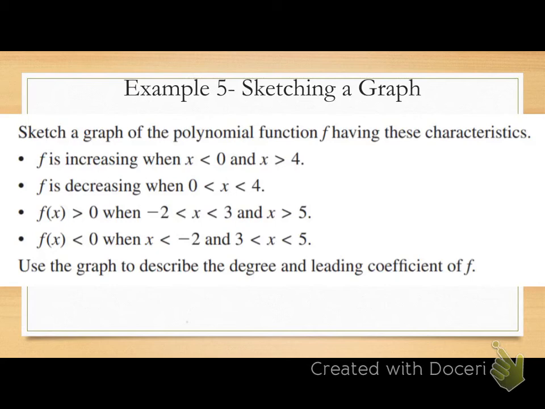So there's all my characteristics. I'm going to sketch a graph of a polynomial function that meets all these characteristics. Okay? Is everyone okay if I move on, or are we still writing these characteristics down? Okay.